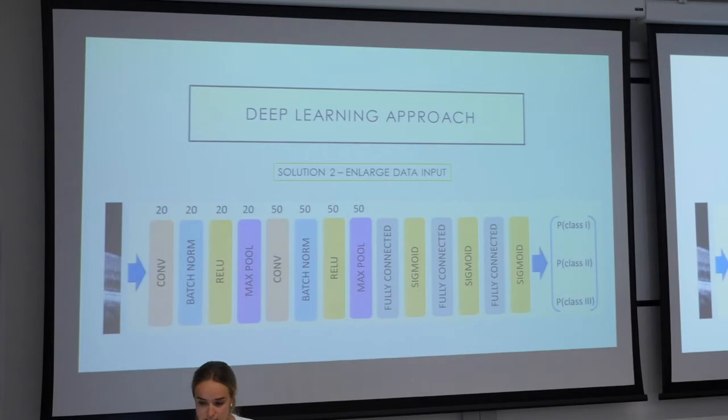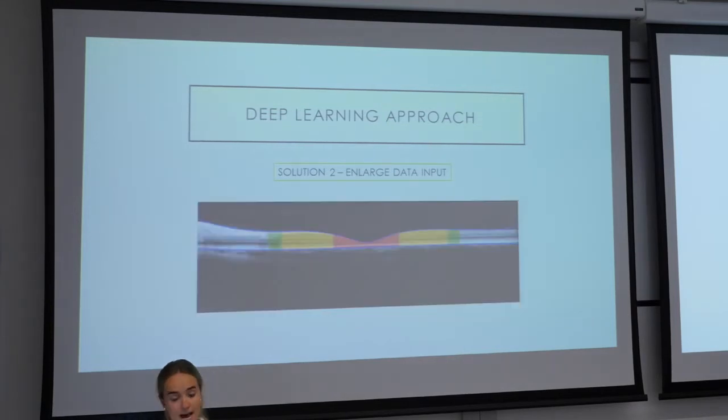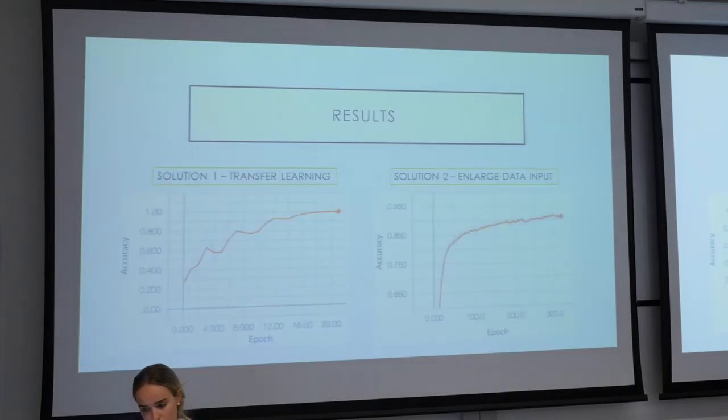So that's what I did. I fed each one individually, and again this allowed me to create a color map, because each individual column was graded, and then it would come out like that.